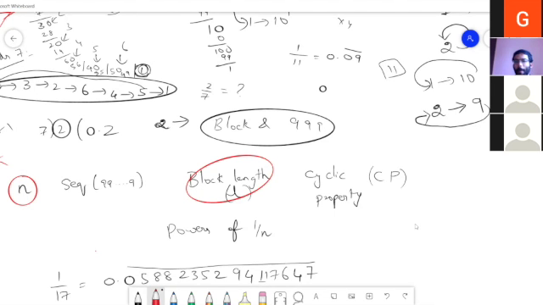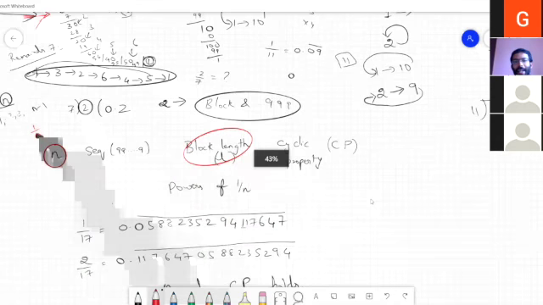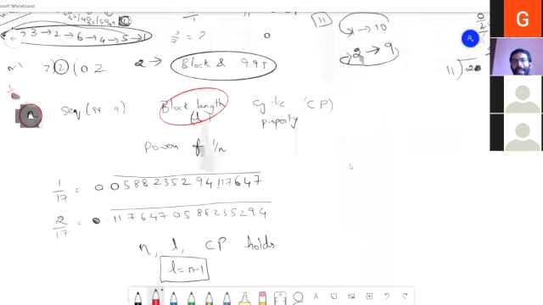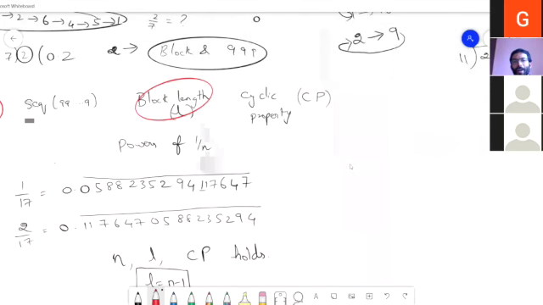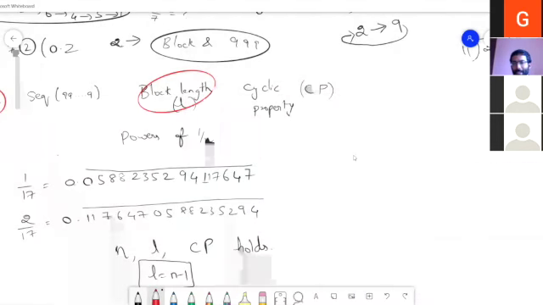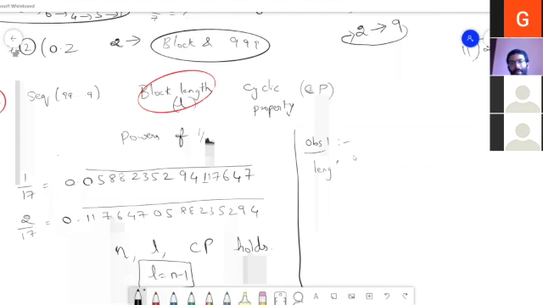So this is your observation, and I'm just trying to give a hint of its proof. Observation 1 is that the length of the sequence of nines is the same as the length of the repeating block.